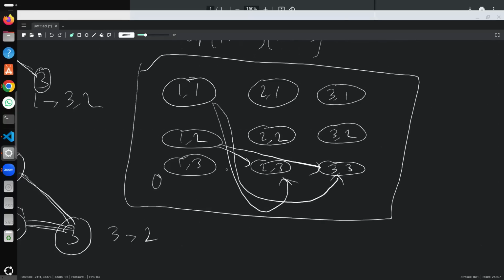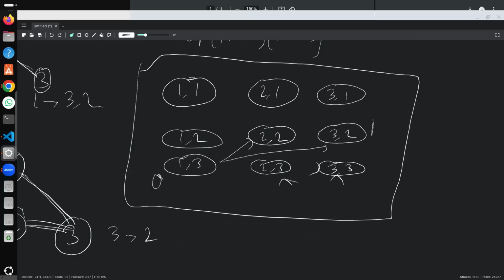I'll remove these edges for now. So from 1, comma 3 you can go to 3, 2 or 2, 2, right? Now this had weight 0, I mean this had cost 0. If you want to move to 3, 2, then it would have cost 1, right?